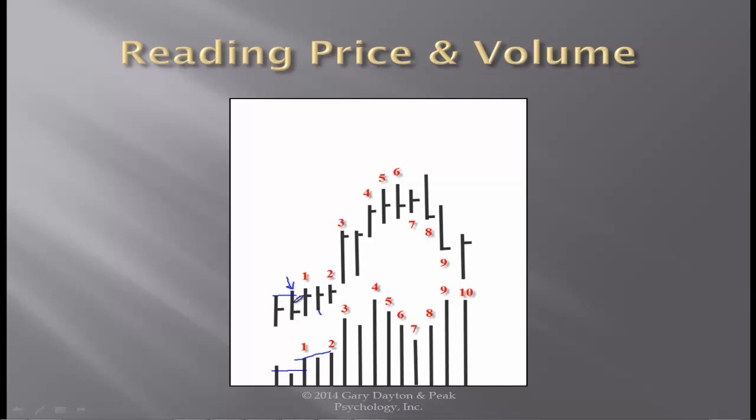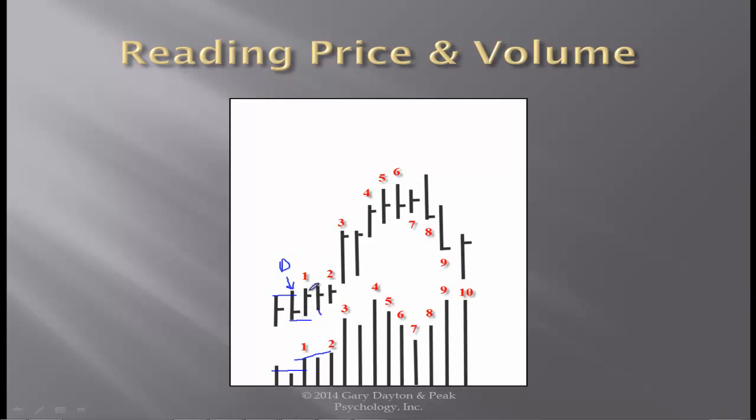And sellers stepped in and sold it down, not just below yesterday's close or the prior bar's close, but also near its lows, near this bar's lows, though not a lot of volume, okay? So there was some supply, there was some selling here, had to be. But the very next day, sellers couldn't even take it down to the low of this down day. I'll put a D here for this down day. Sellers couldn't take it down there at all.